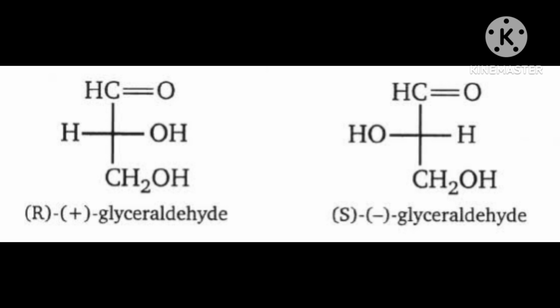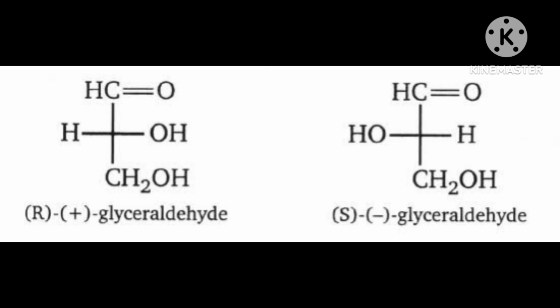Then I will give an example for glucose. Suppose you are considering glucose, whether it will be D or L. The OH on the lowest asymmetric carbon is on the right side in glucose.